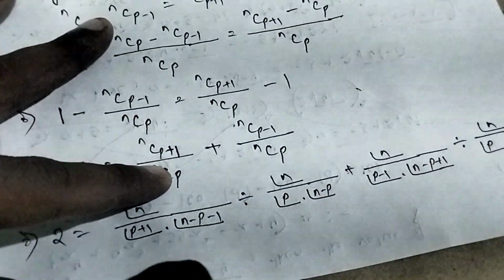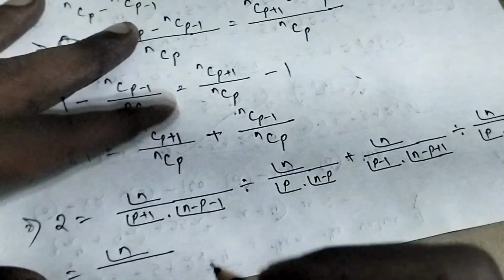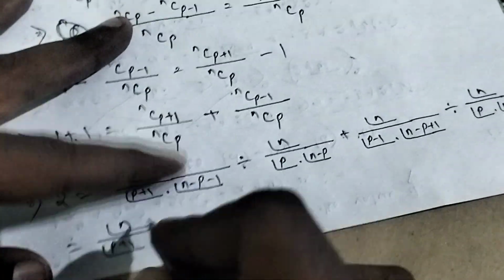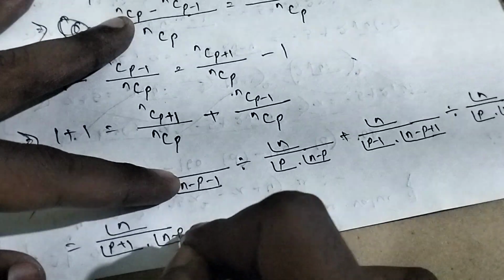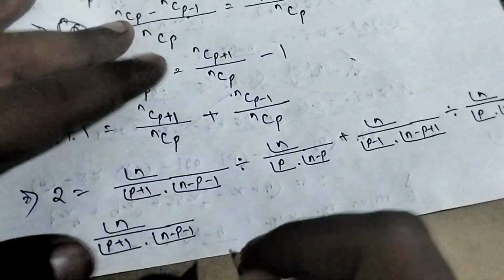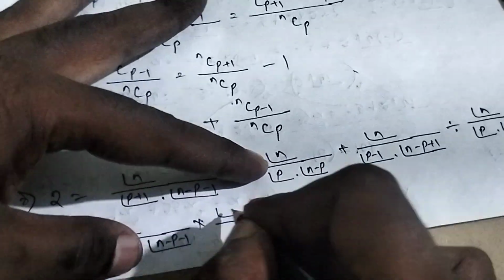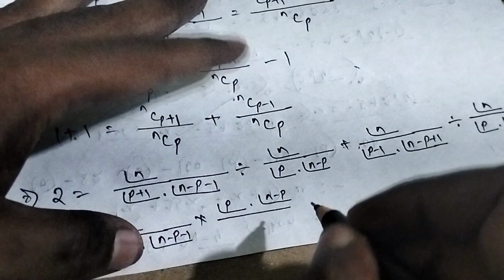So this would be n factorial by (p+1) factorial into (n-p-1) factorial, into p factorial into (n-p) factorial.